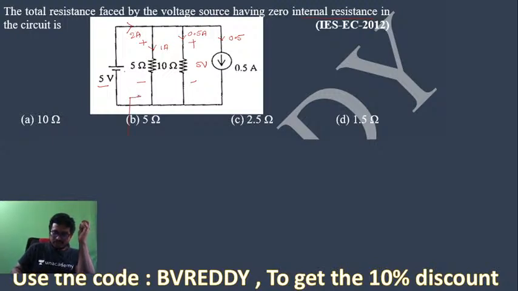So I can find the equivalent resistance of this network. If I say this is R equivalent, it is nothing but the total voltage by total current. V is 5, and the total current is 2 amperes. So from this, 2.5.